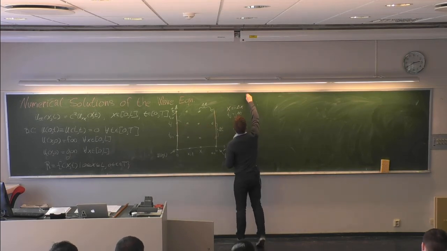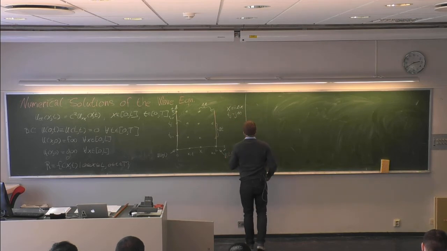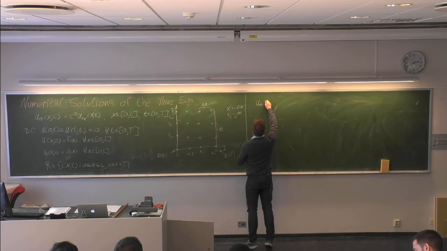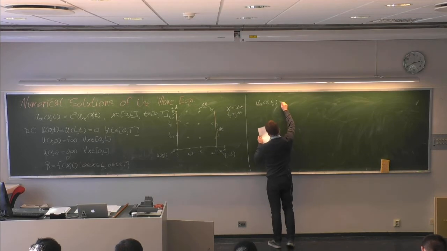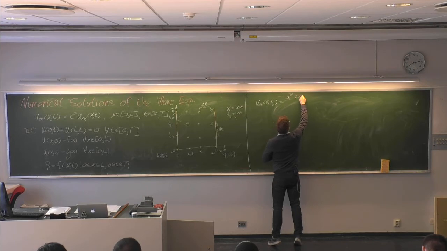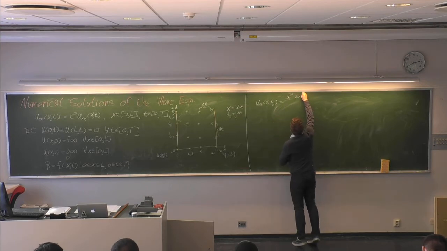So again, u_tt at x_i, t_j equals u_{i,j+1}. I guess you're as bored as me in writing these indices.